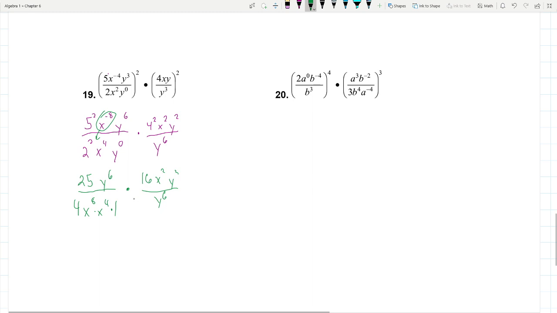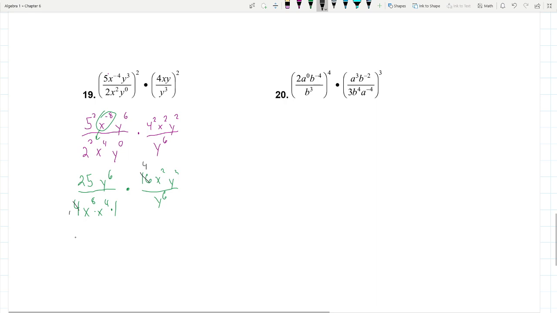And now what I can start to do is actually multiply everything together. Because these are going to combine, but we're going to have a few things happening here. So let's multiply some of this stuff. So 4 and 16, this reduces down. This makes it 4, and this makes this 1.